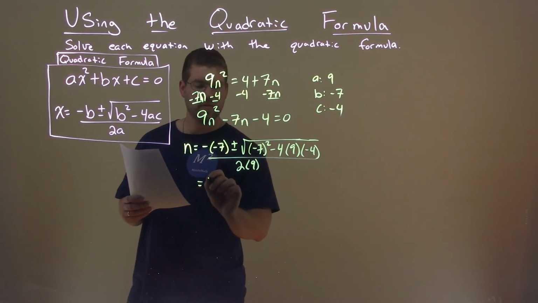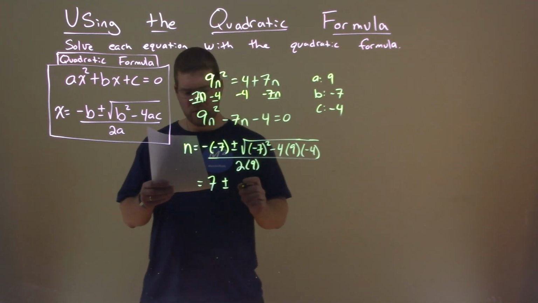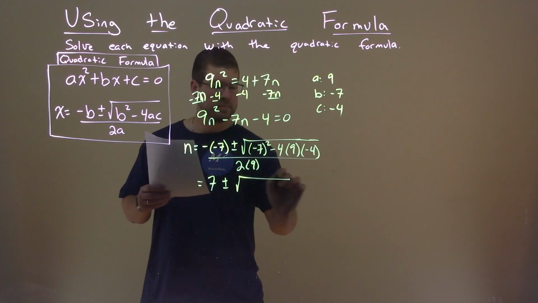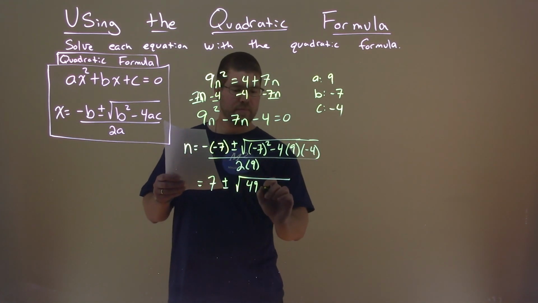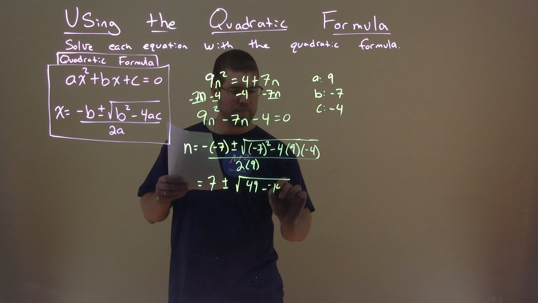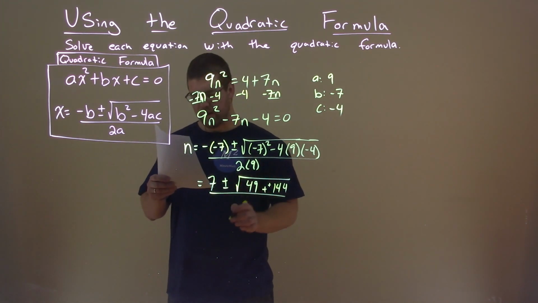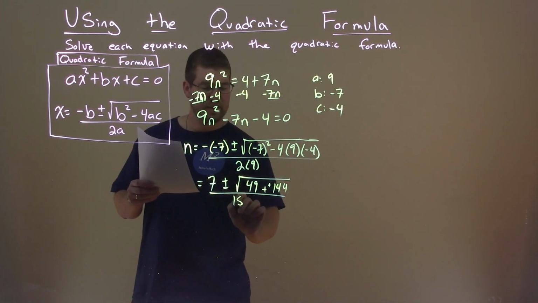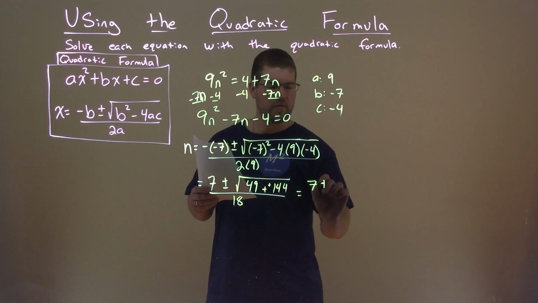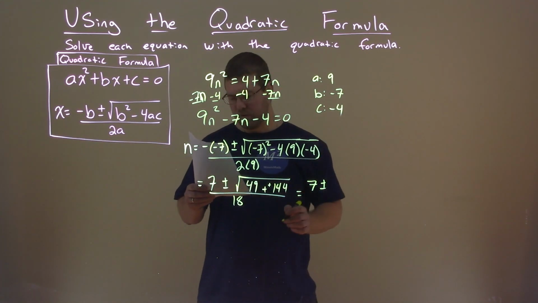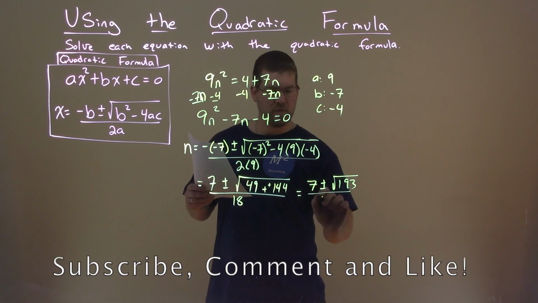Negative negative 7 is a positive 7, plus or minus negative 7 squared, which is 49, and 4 times 9 times negative 4 is minus 144. Minus a negative is like adding a positive. 2 times 9 is 18. We'll simplify that: 7 plus or minus the square root of 49 plus 144, which is the square root of 193, over 18.